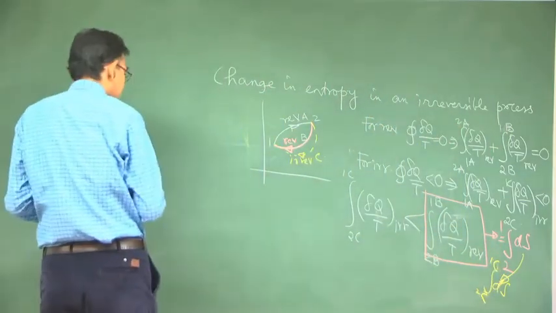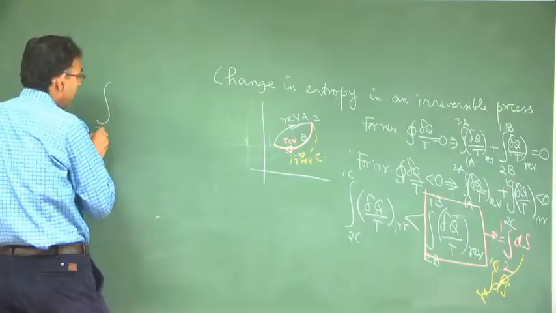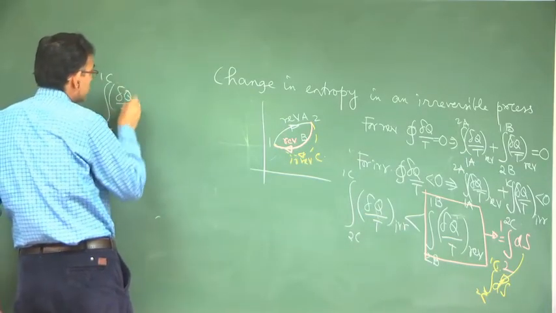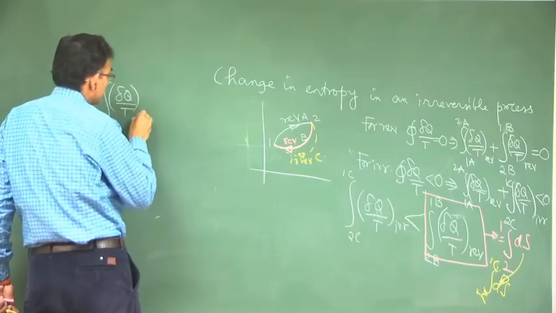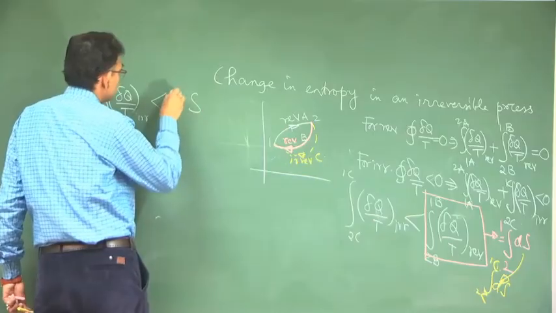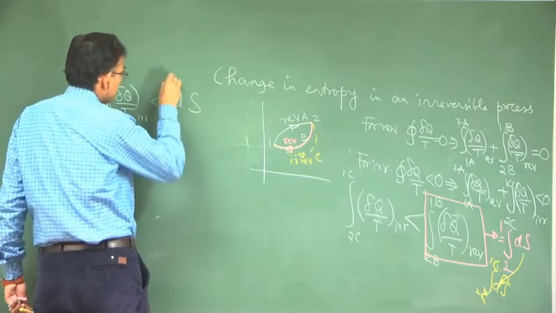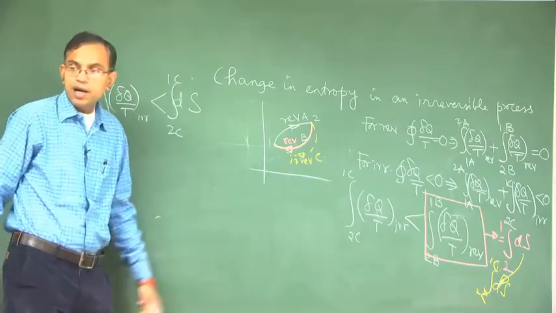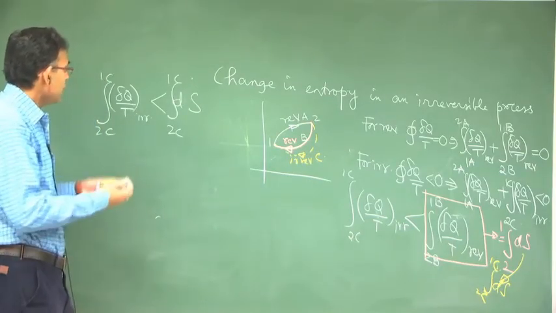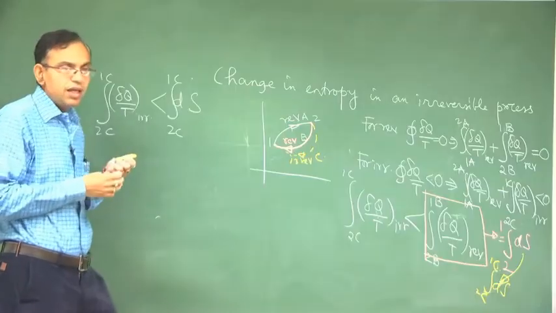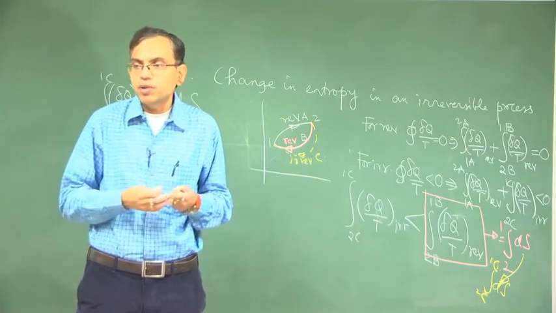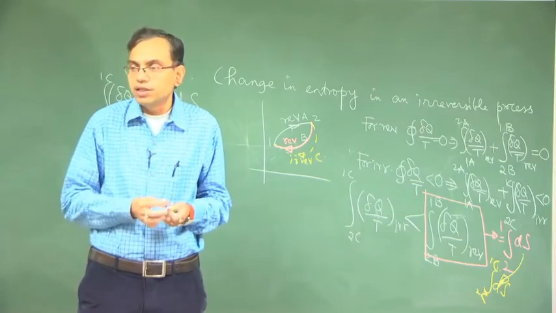So, to summarize, C is any arbitrary path. In working with mathematical expressions, we are more comfortable with equality rather than inequality.